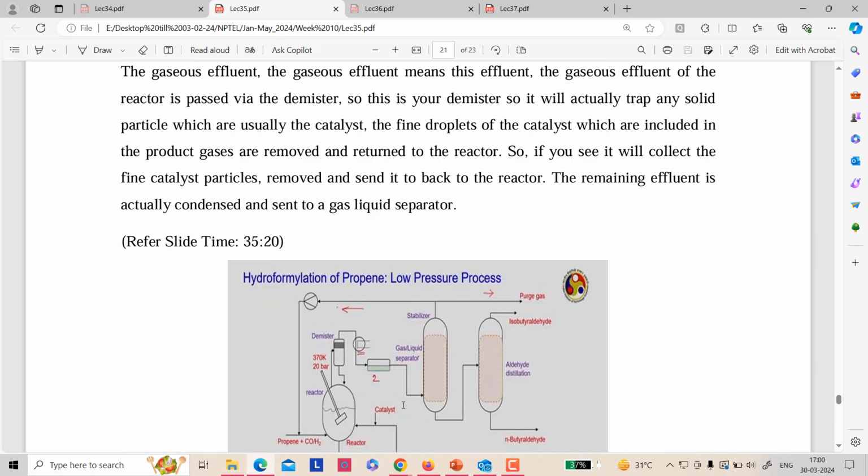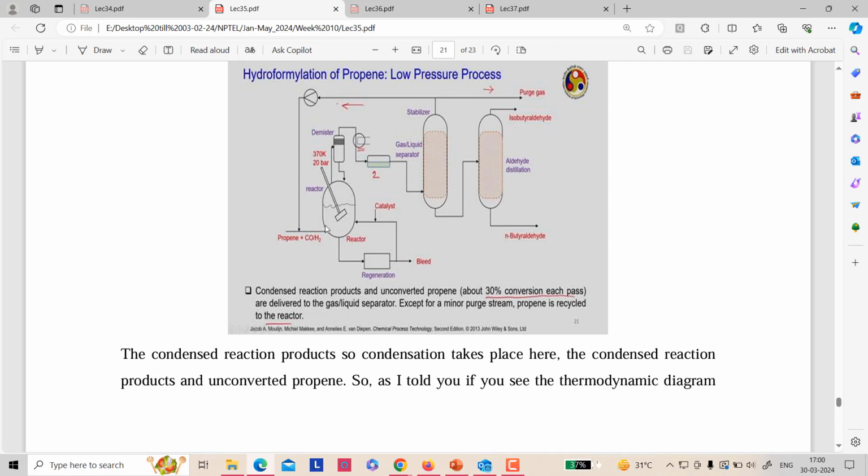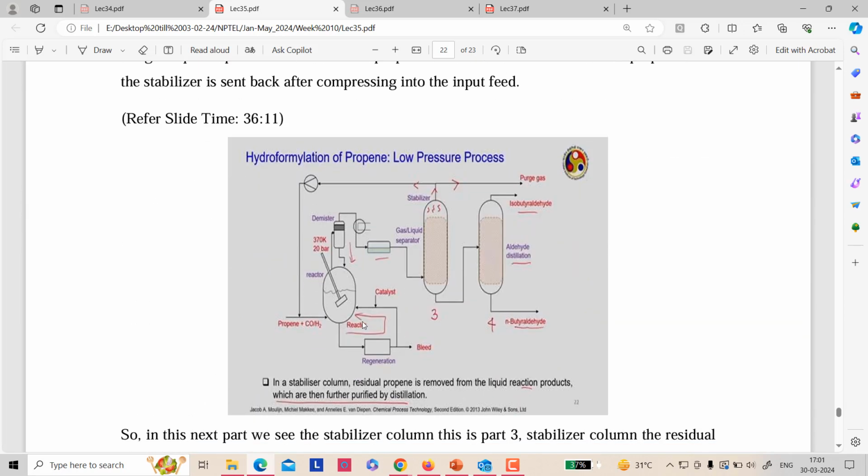Next, from the demister, the reaction products and the unconverted propene are delivered to the gas liquid separator. Then this is the second one.